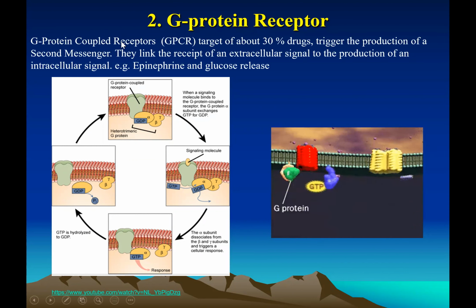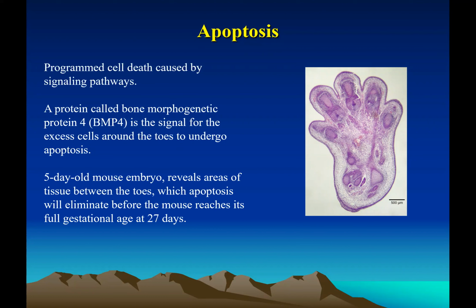There is skin between the toes. But at a certain stage, a protein called bone morphogenetic protein is the signaling molecule that will cause programmed cell death between the toes, thereby removing the webbing. It happens in humans also, in our toes and fingers. So apoptosis is programmed cell death.